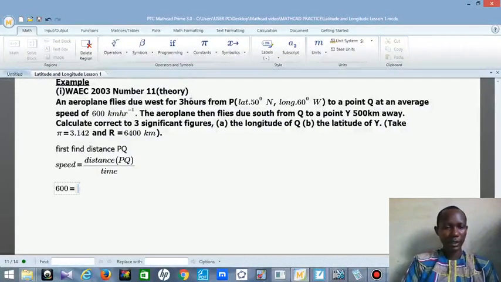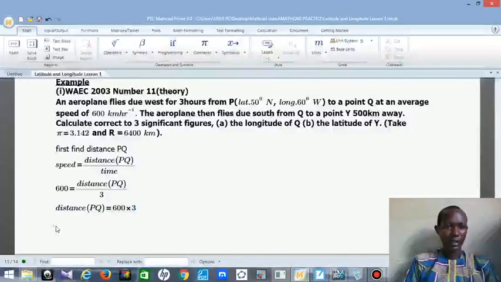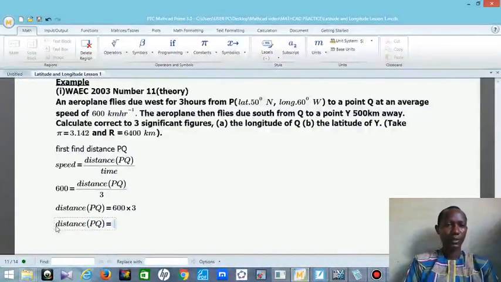Then we cross multiply, so distance PQ will be equal to 600 times 3. So this will give us 1800 kilometers.